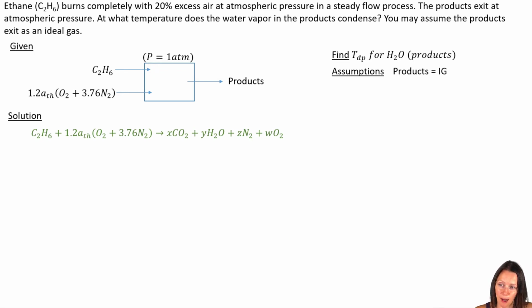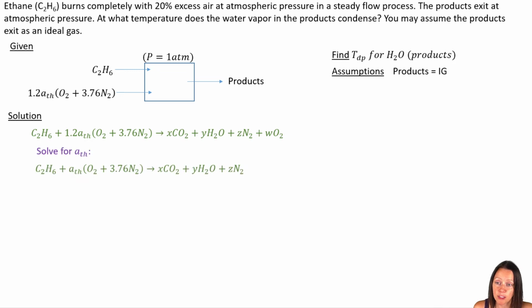Here's my balanced equation, or soon to be balanced equation. And the first thing I need to do, I've got 120% theoretical air. So I need to solve for what is that theoretical air? What's the minimum amount of air that's necessary in a combustion reaction with C2H6 to burn that C2H6 completely all the way to CO2 and H2O, convert all the carbon to CO2, all the hydrogen to H2O.